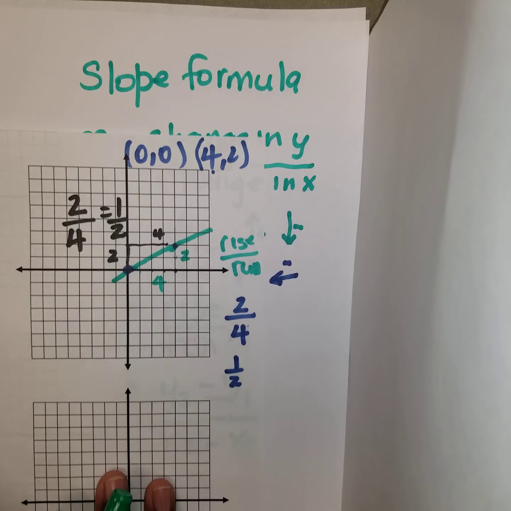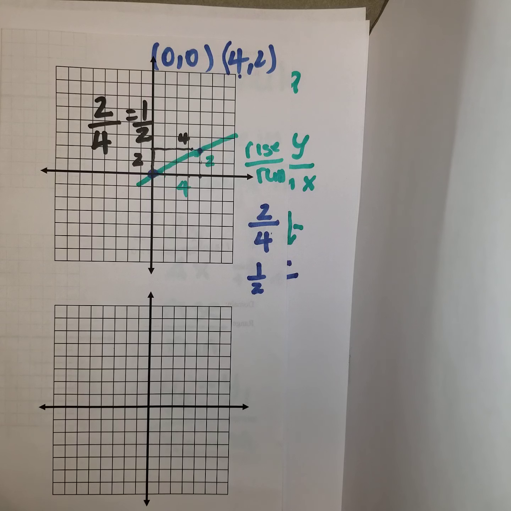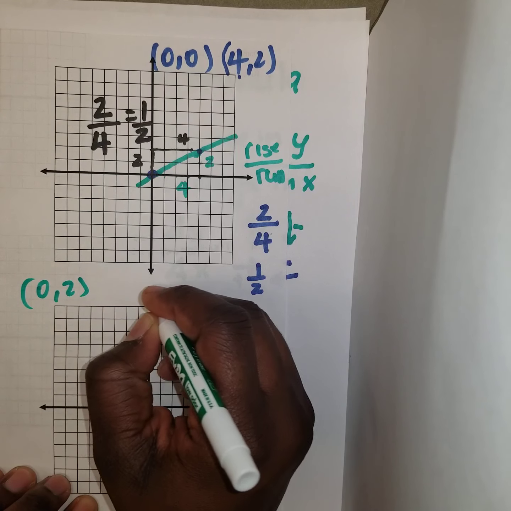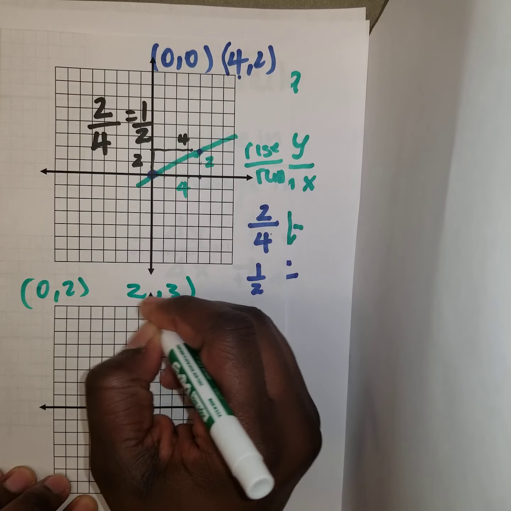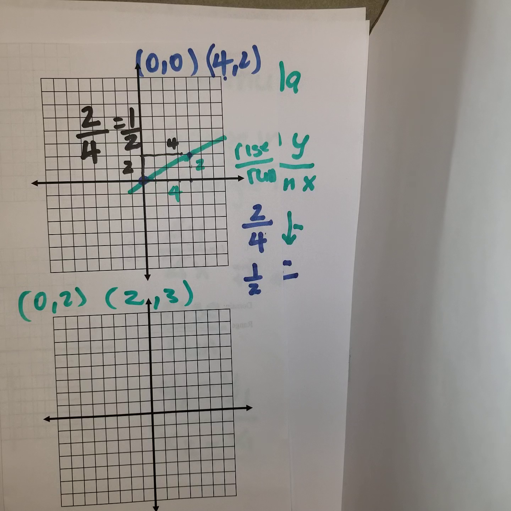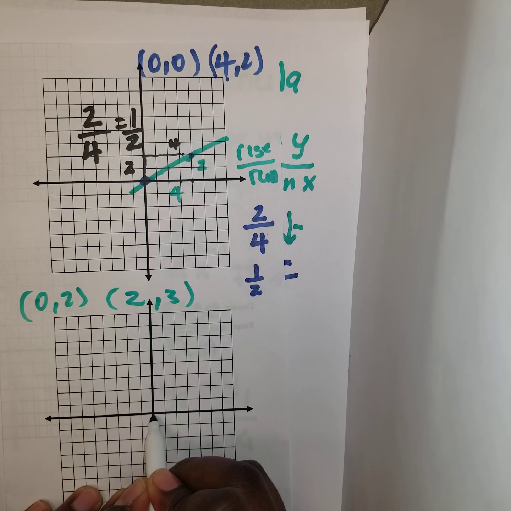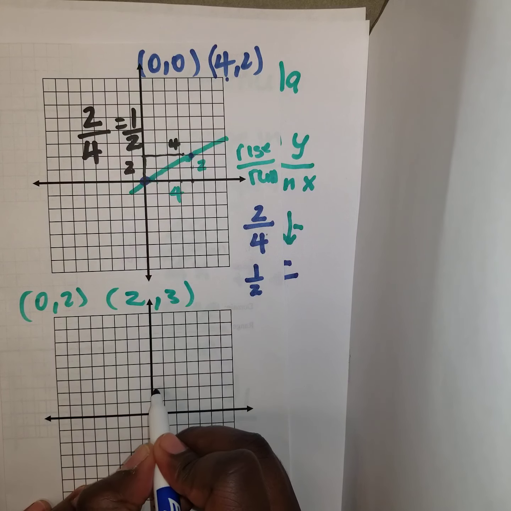All right, let's try another one. So this point is 0, 2, and 2, 3. So 0 is your origin, and 2 means 2 units upward. So from your origin, you move 2 places up.